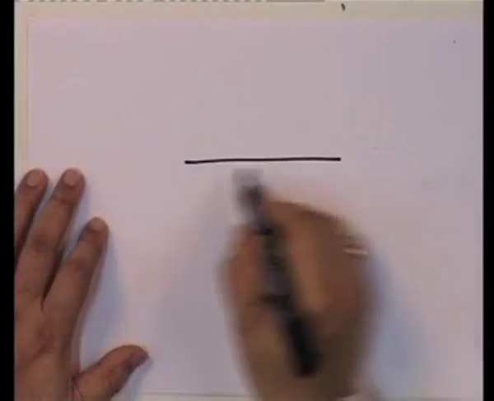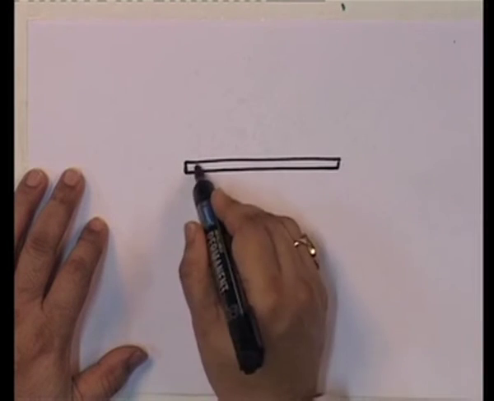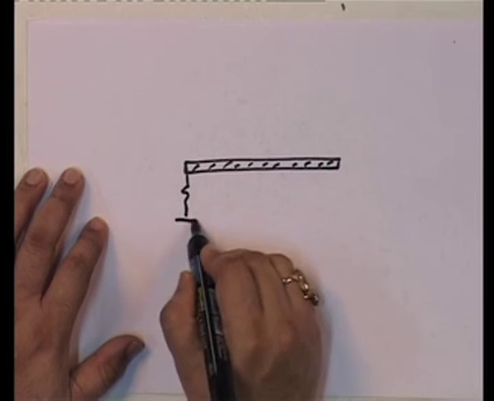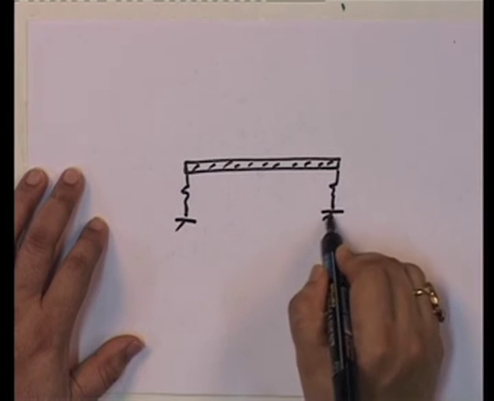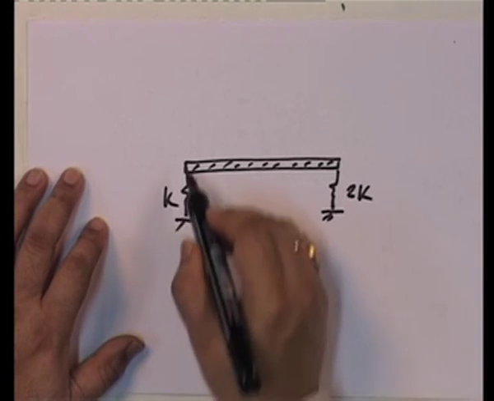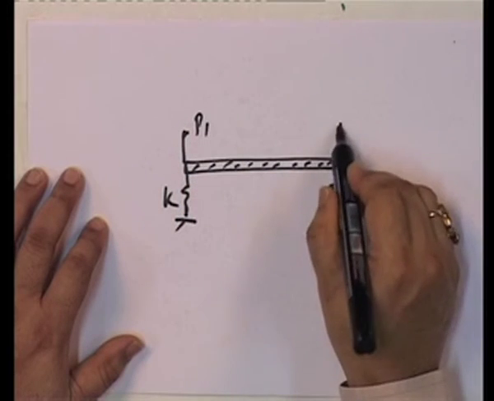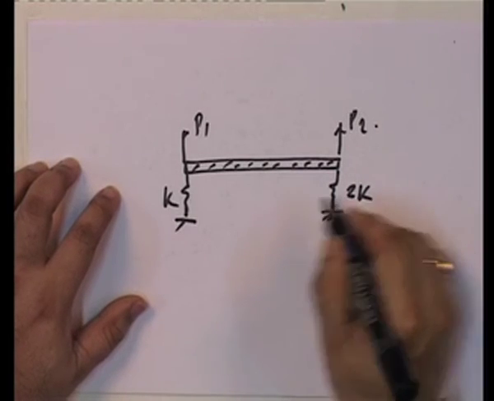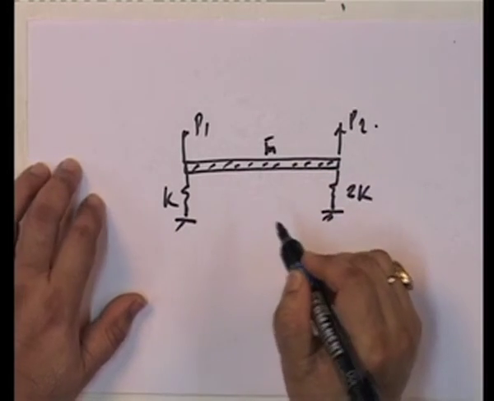This is a very important point to be noted, and the way I will do it is by solving the same problem by defining degrees of freedom somewhere else. As long as I understand that this is a 2 degree of freedom problem, I have the same beam with 2K, K, and forces P1, P2, and this of course is m bar, uniform.